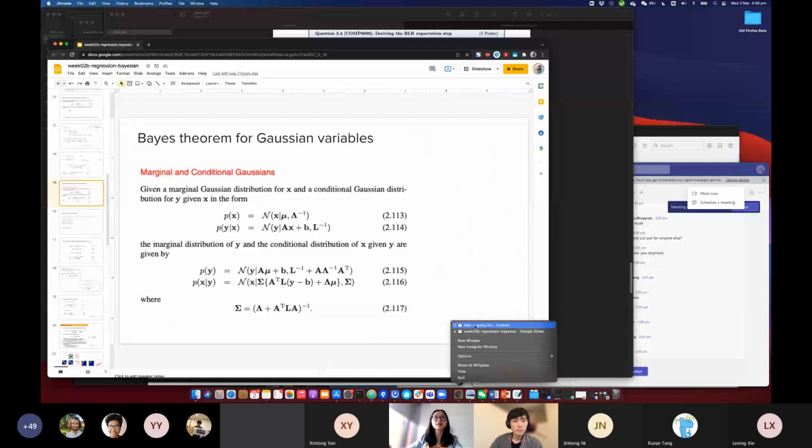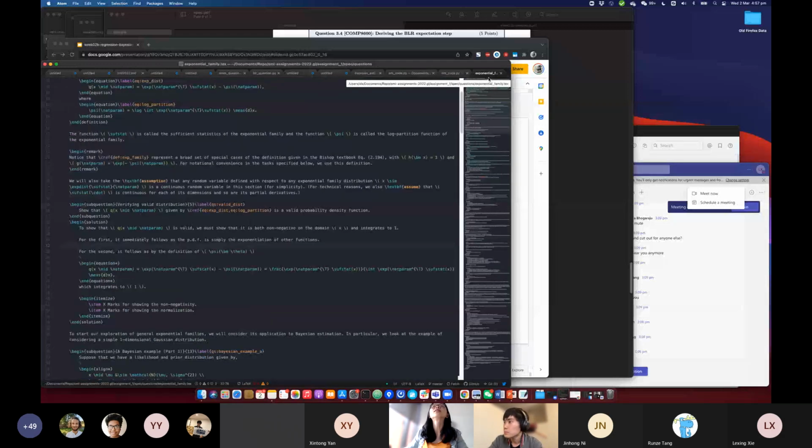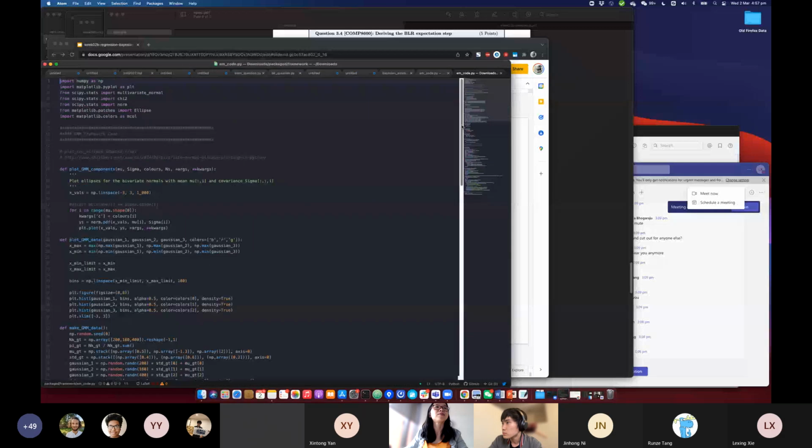What people are expected to write sits in other files. Is there anything worth mentioning about the code and notebook, or can people jump in with questions?